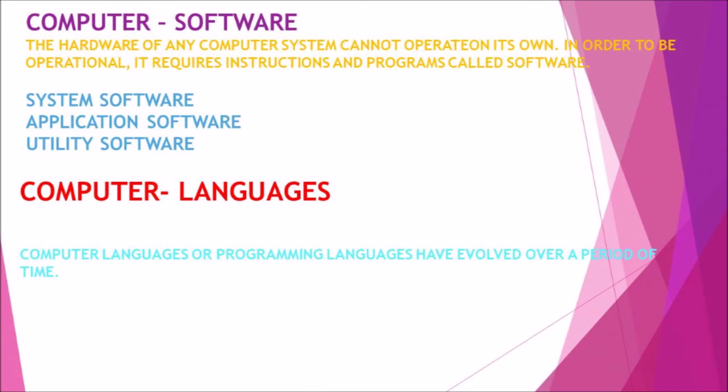And next one is application software. Application software is the end user program. End user is nothing but the user who uses the software directly. An end user program may be a Word document, an Excel document, or a PowerPoint presentation.